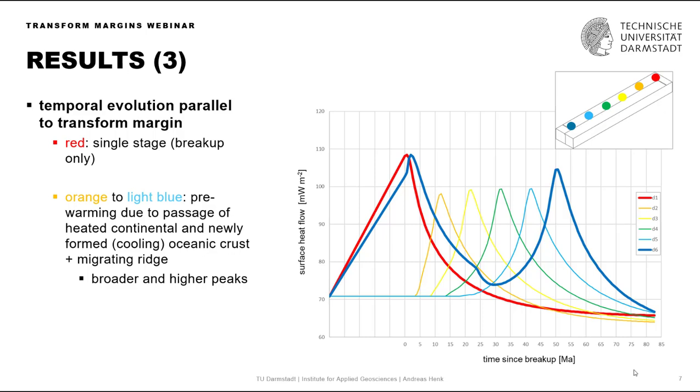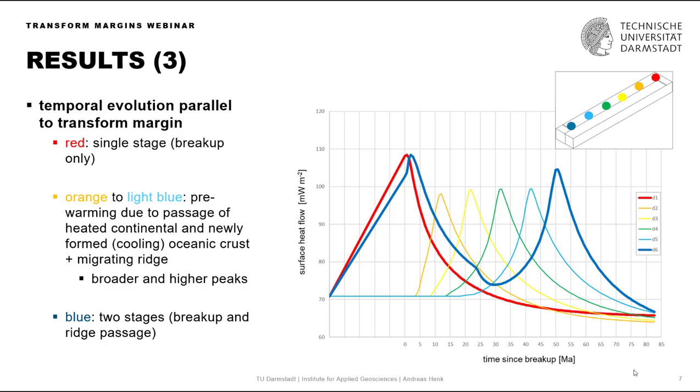This is because on the leading side of the ridge, there is lateral heat input from the migrating continental lithosphere heated during breakup and from the cooling oceanic lithosphere, which gets progressively younger and hotter until finally the traveling ridge itself arrives. And all these effects together raise the temperatures on the continental margin side. For this hotter lithosphere, it then takes longer to equilibrate thermally, and that's why these peaks are wider.